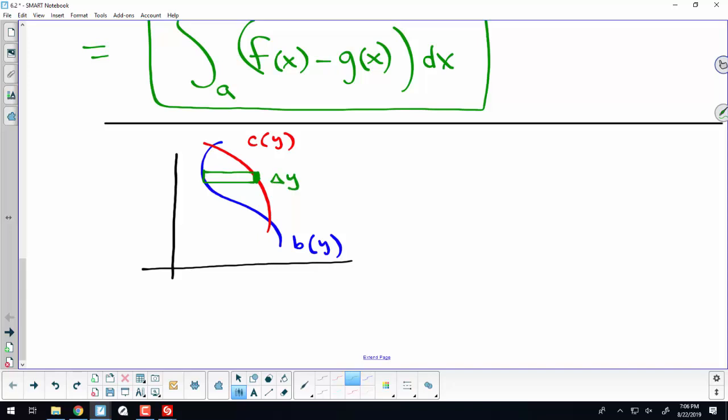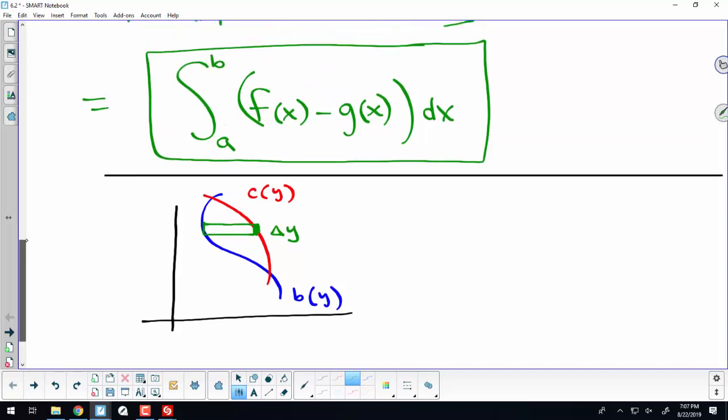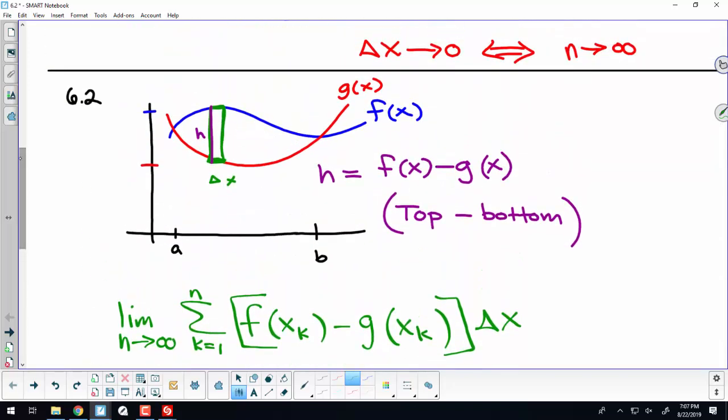Notice that when we have these horizontal rectangles or horizontal slices, we're going to be dealing with dy, which means that we're integrating with respect to y. So everything needs to be in terms of y. When we have vertical rectangles or slices, that indicates we're integrating with respect to x.